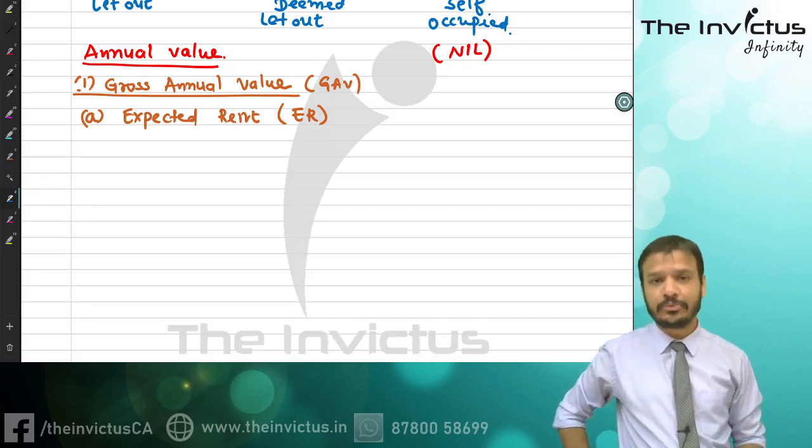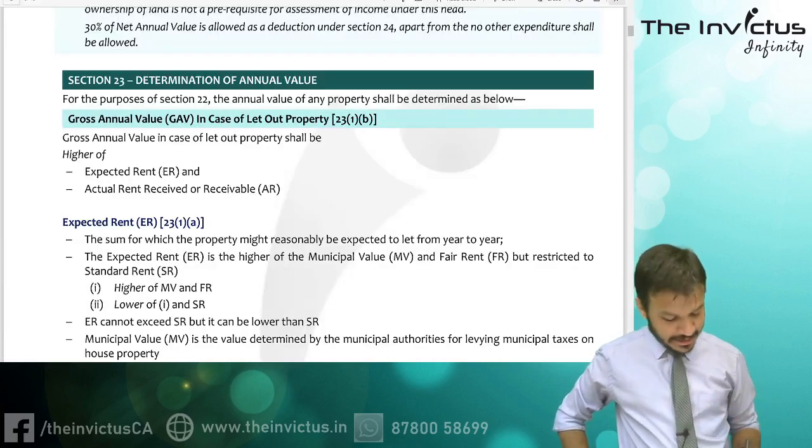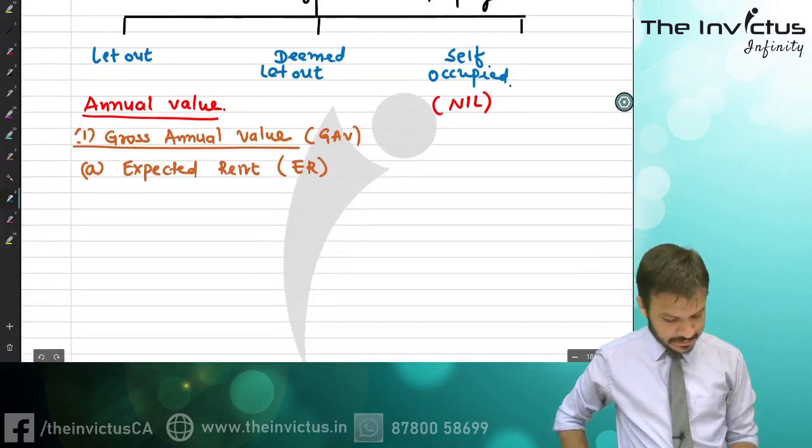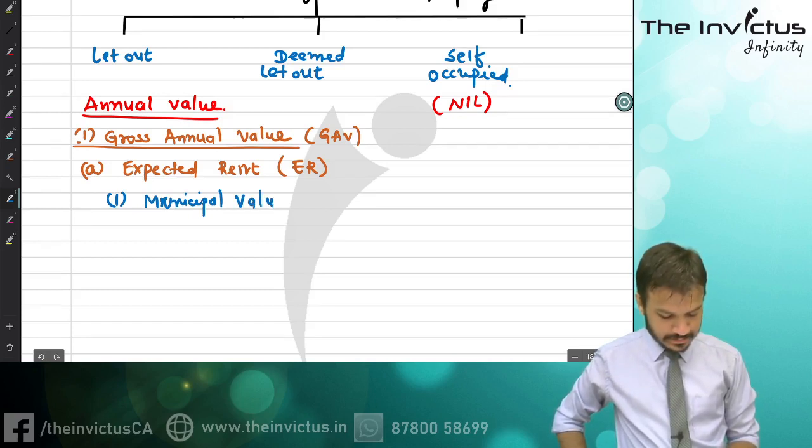First, to compute expected rent, I need three things. One, municipal valuation, or I can say municipal rent, MV.